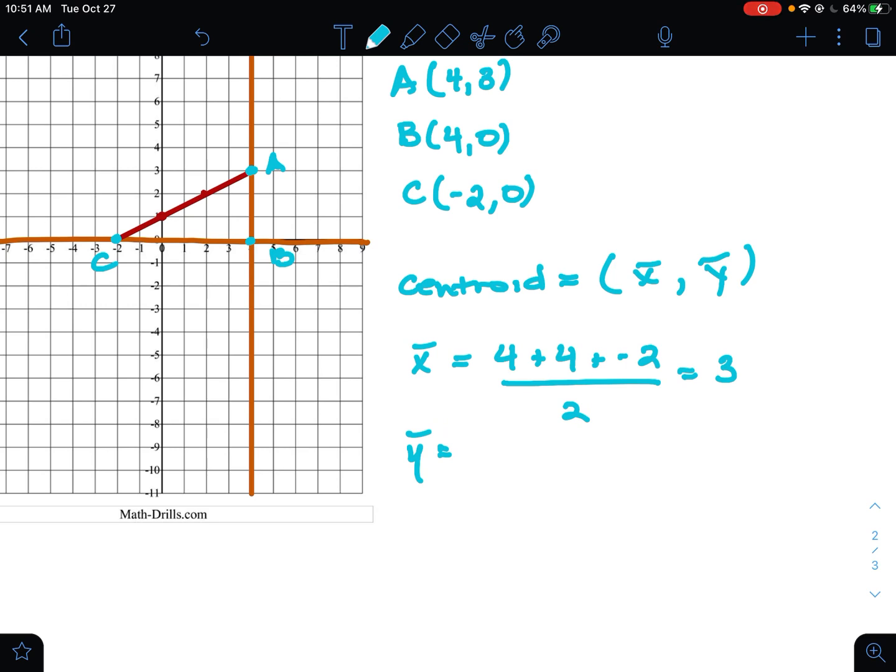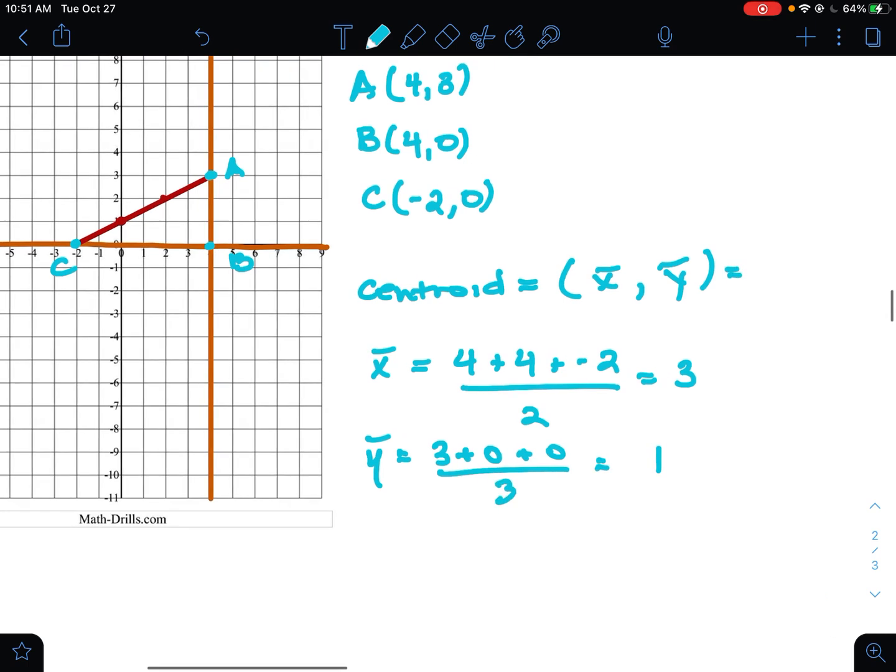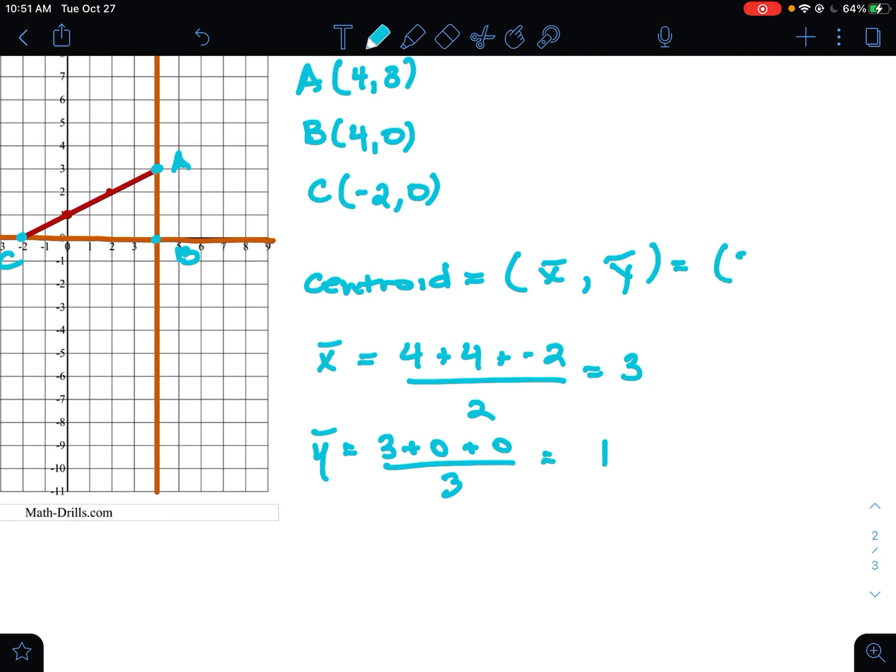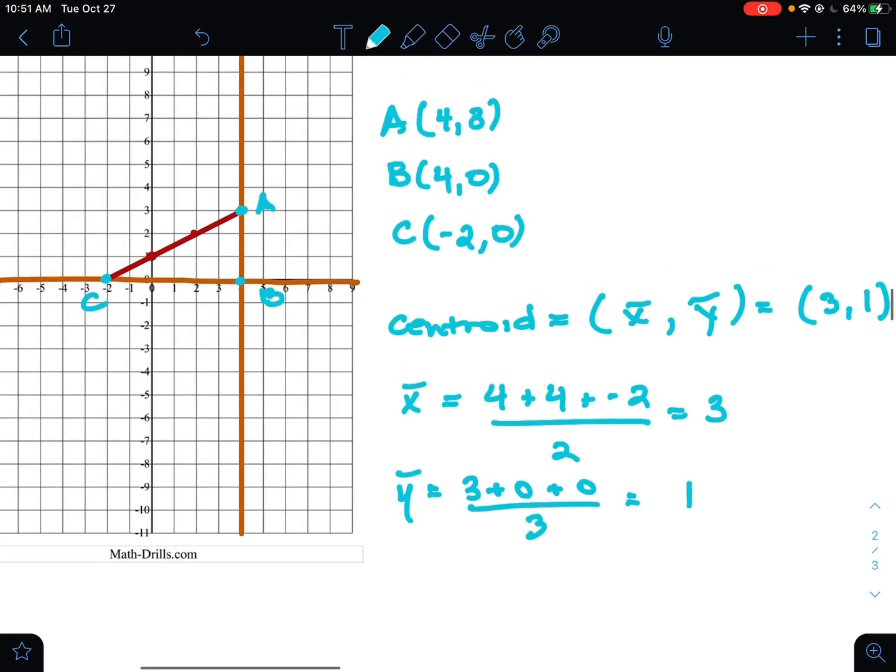Y, the average of our y coordinates is 3 plus 0 plus 0 divided by 3, which gives us 1. So the centroid of this triangle would be at the coordinate 2, 1. And so that would be right there.